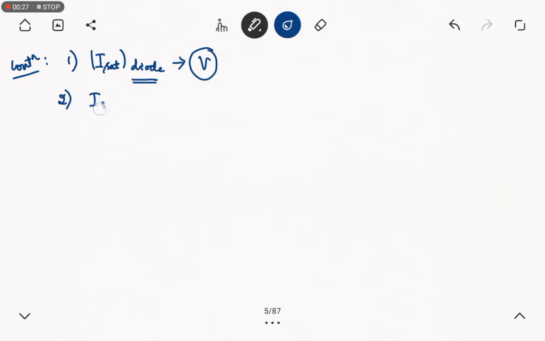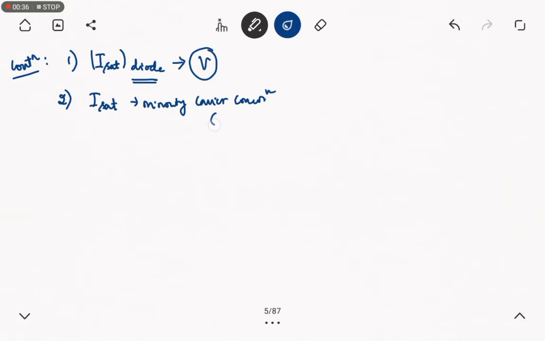And here is the continuation of those important points. First one is the reverse saturation current of diode, which is represented as ISAT. It is independent of biasing voltage. Means the diode which will be working, it is independent of the biasing voltage. Second one is the reverse saturation current is a function of minority carrier concentration.